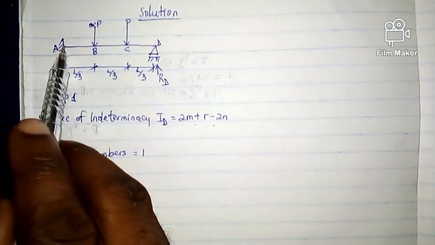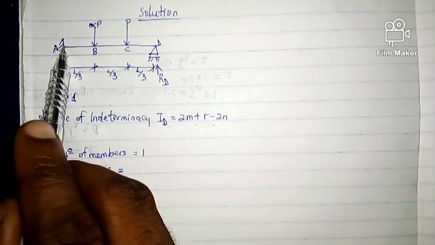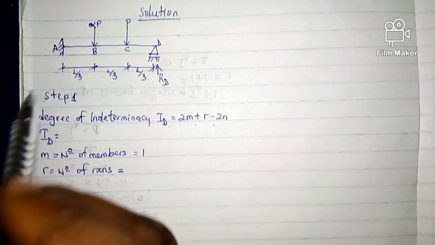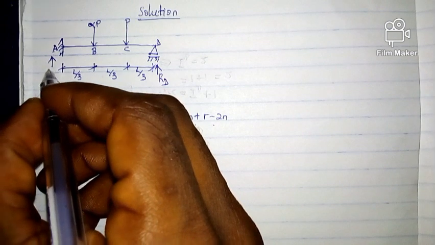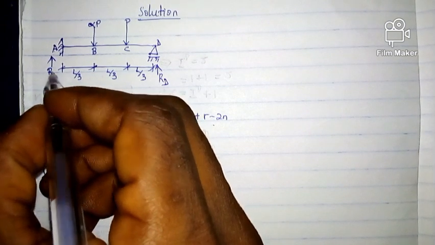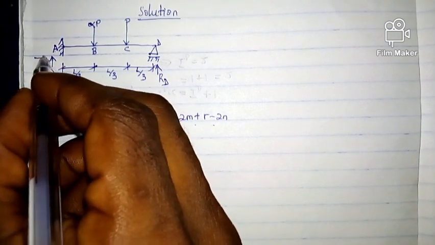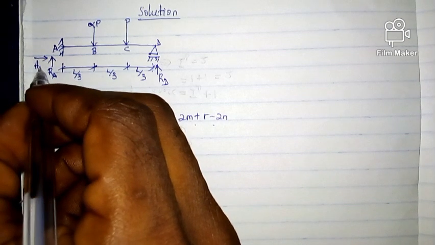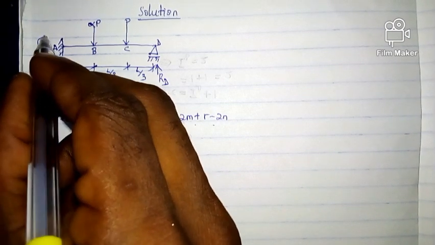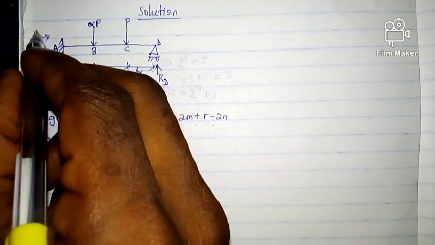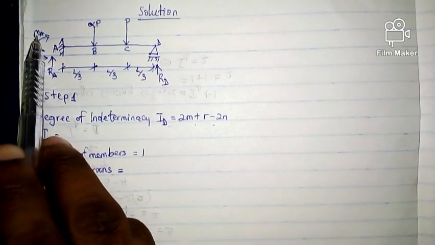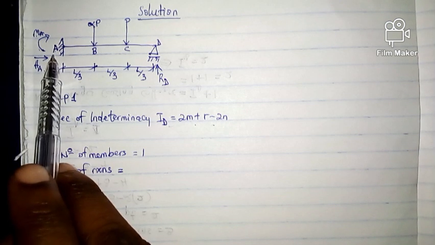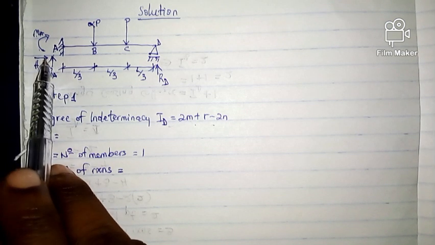Then support A, which is a fixed support, has three reactions: a vertical reaction RA, a horizontal reaction HA, and a moment MA.